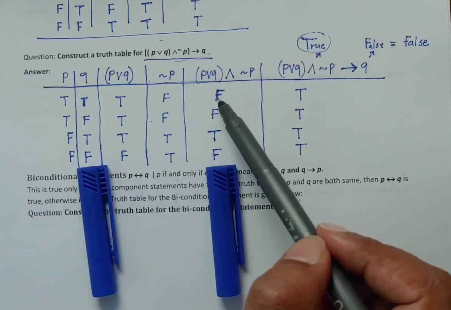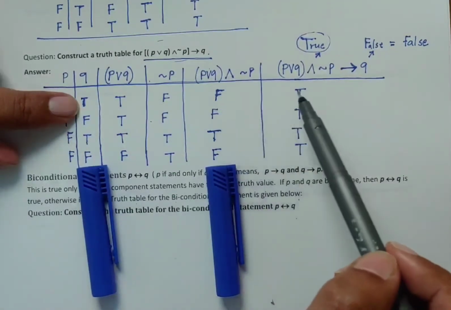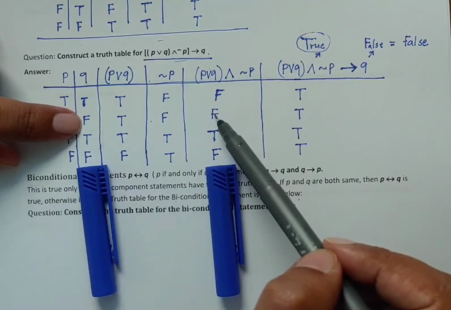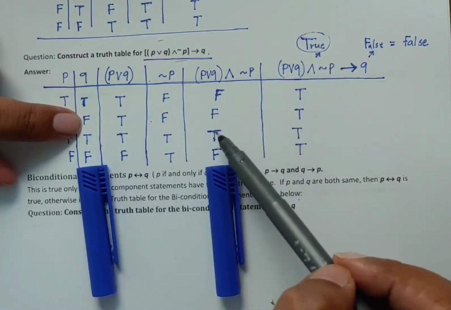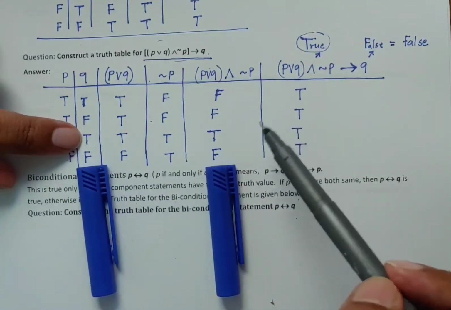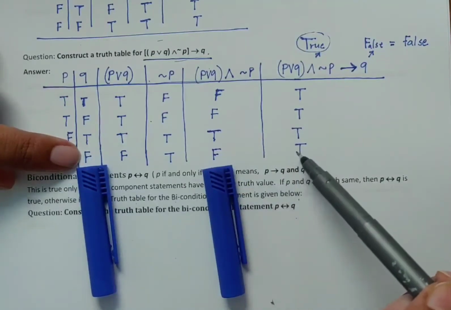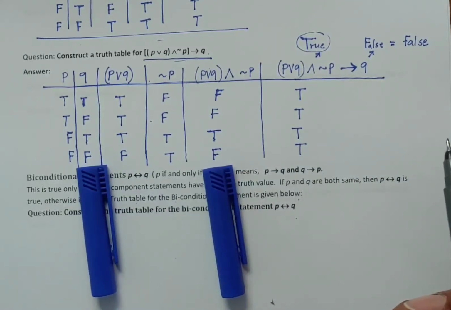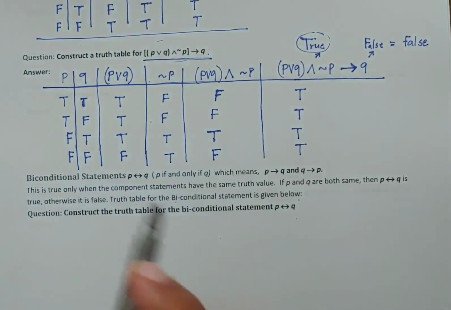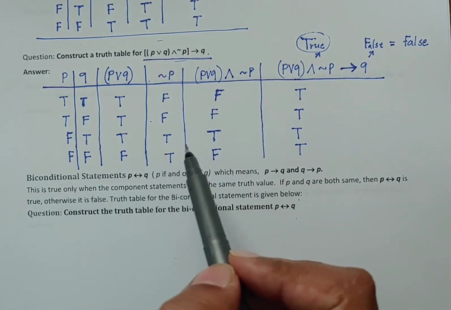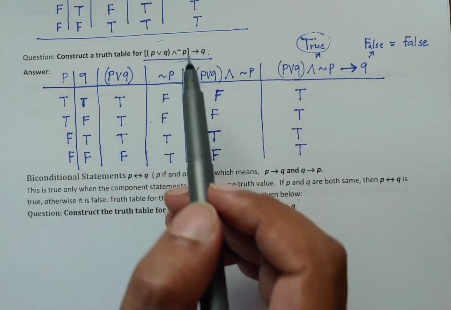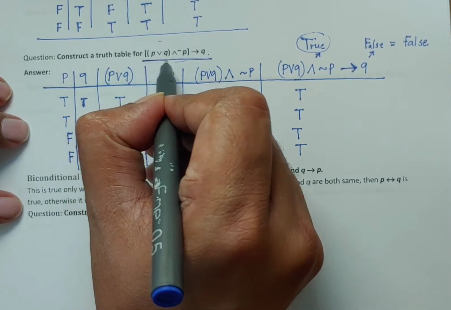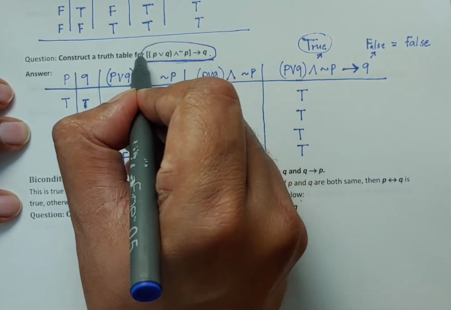So we get all true. It is possible that sometimes we get all true, sometimes we get all false. Okay, all right. So this is the truth table for this compound statement.